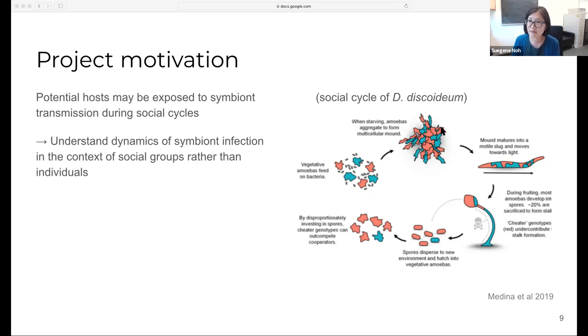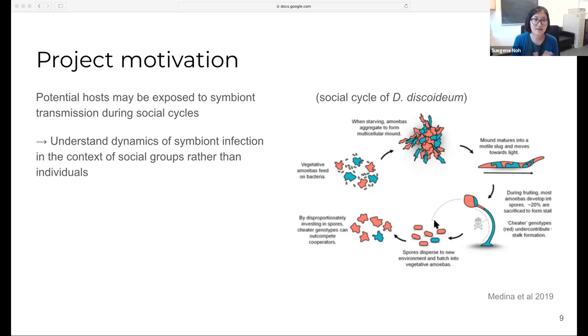They then develop into motile slugs that ultimately become tiny fruiting bodies. These fruiting bodies are visible, at somewhere not quite 2 millimeters in height. When you have these fruiting bodies, we can collect the sorus, or the top of the fruiting body, and see what spores are present and whether there are any symbiont infections in there too.